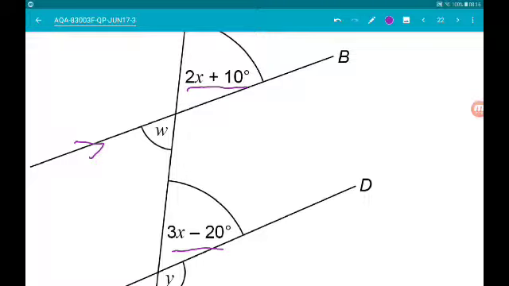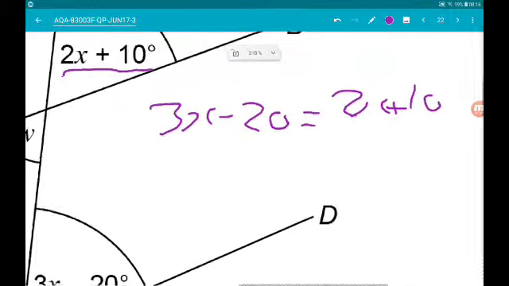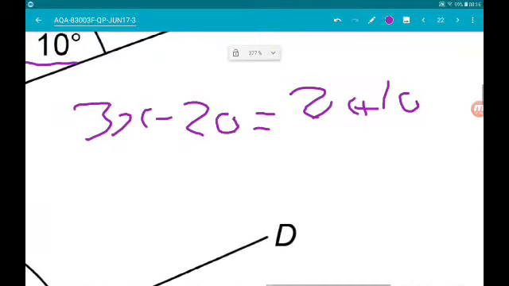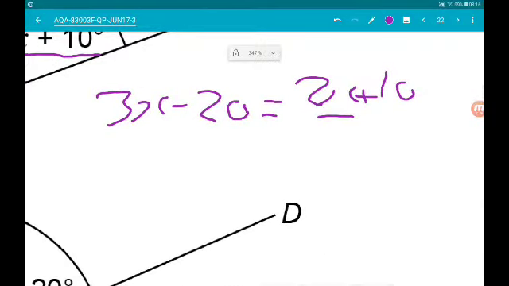So we could say that 3x - 20 is equal to 2x + 10. Now, we can solve that for x. So let's first of all sort out this 2x. So we take 2x away and we get x + 20 = 10.